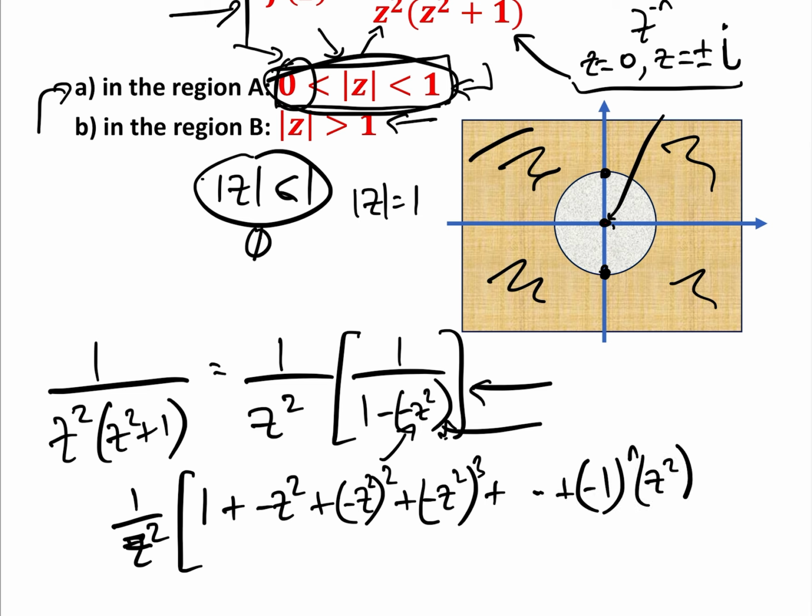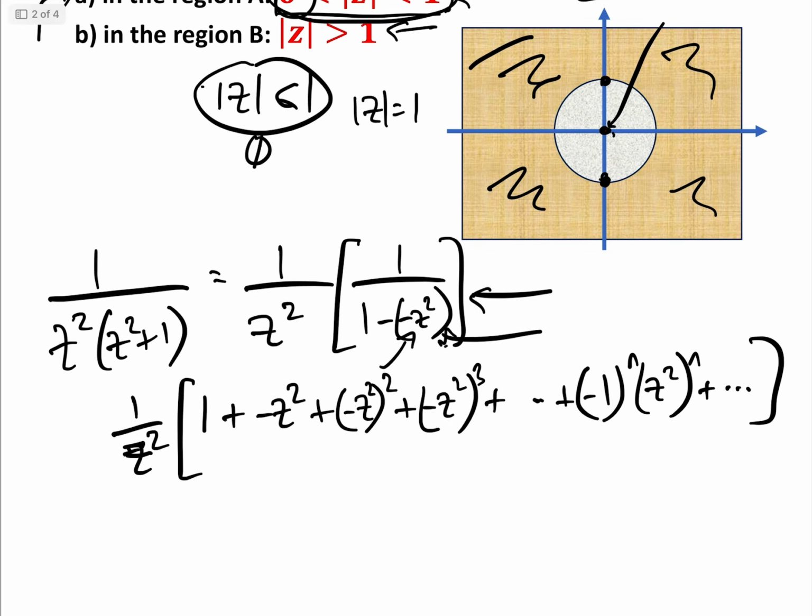add minus 1 to the n times z squared to the n add... Okay, and all we need to do now is expand this bracket.